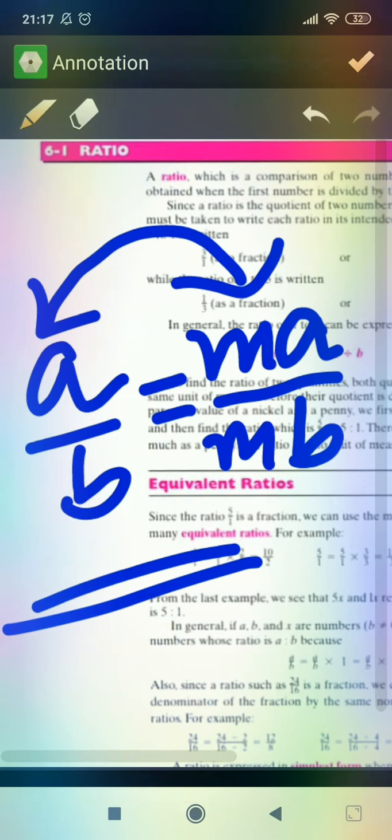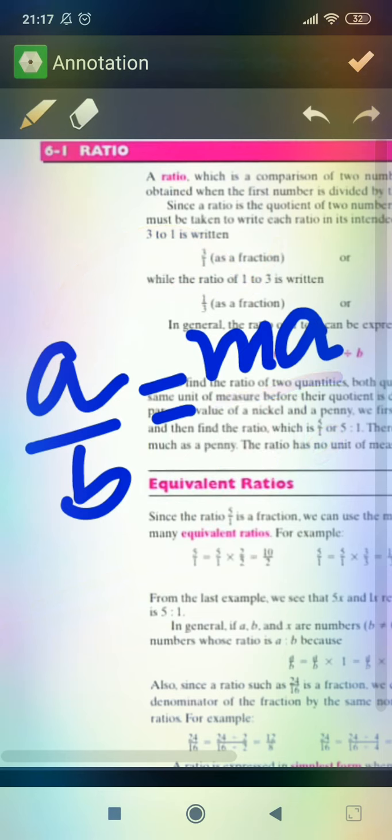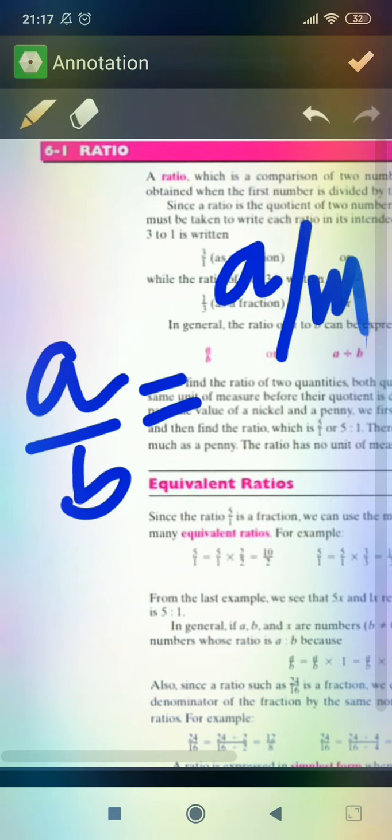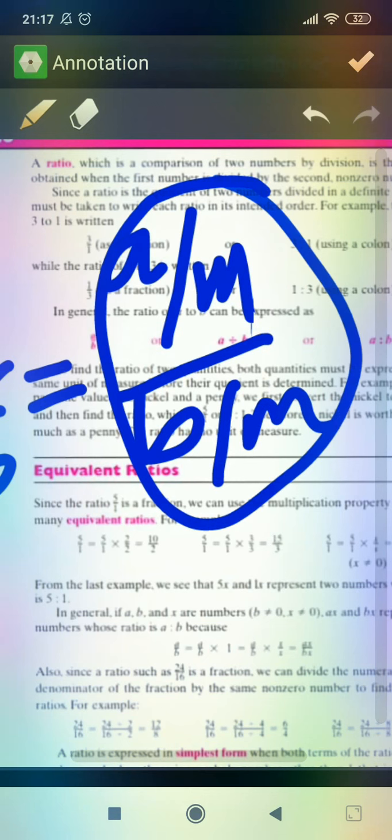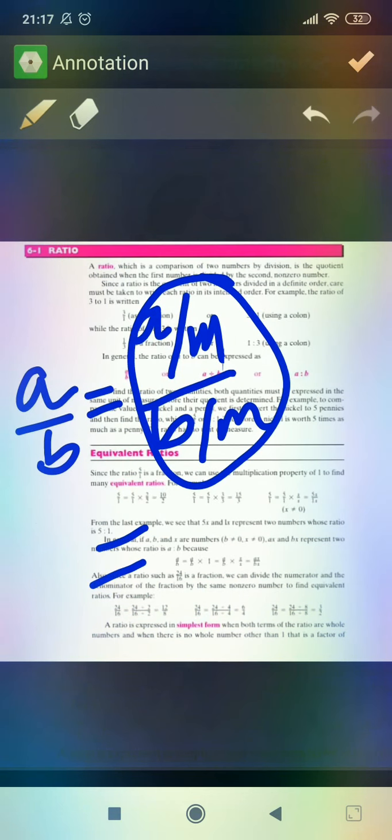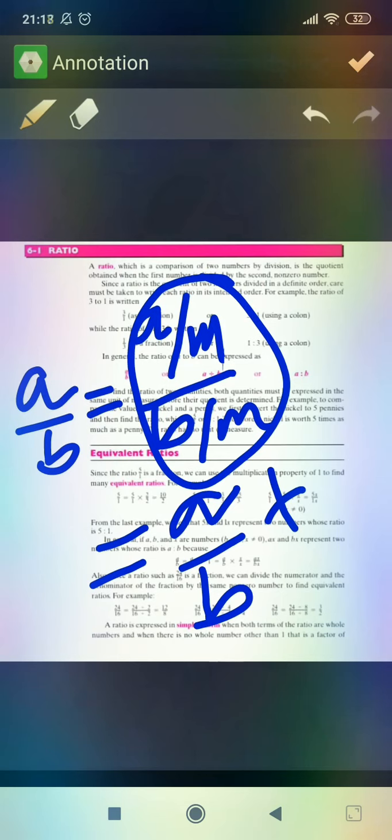The ratio will not be changed if a non-zero integer or rational number is multiplied on the antecedent and the consequent. And if I consider one more, if a term is divided, A by m over B by m also will not be changed. This also remains the same. Let's consider A by B; this m will be cancelled. Yes? Okay.